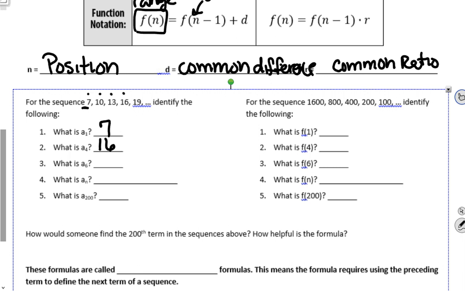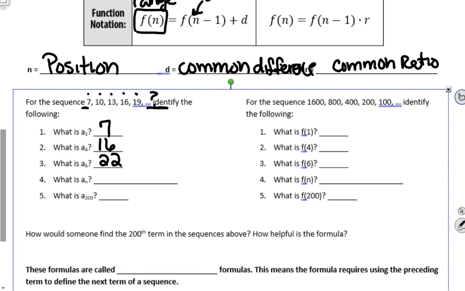What is A6? Well, 1, 2, 3, 4, 5. They don't give me A6, but can I figure out A6? My pattern is going up by 3. So if I go from 19 and go up 3, I would end up with 22.